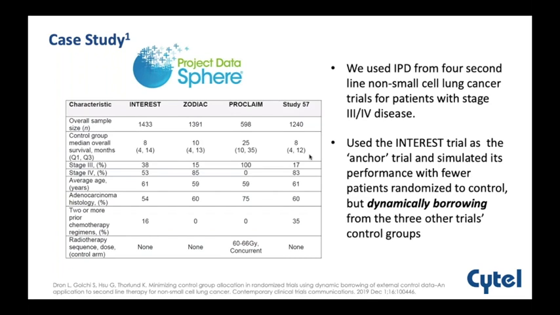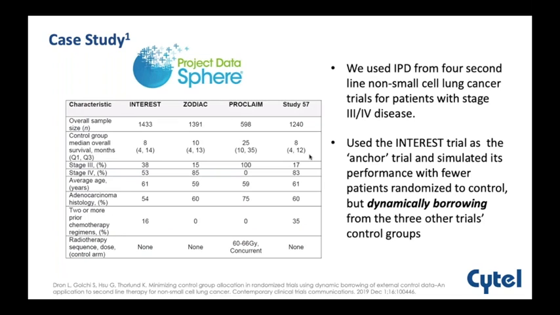And we did a lot of different analyses, but the one I'll be talking about here is taking the INTEREST trial, which is the second column, as the anchor clinical trial, and then trying to pretend as if we were running that trial with a different randomization ratio, so enrolling fewer patients to control, more to treatment, and then using the control data from the other 3 trials to see if we can get the same results, and how much control data was needed to get the same precision, as well as when do we run into trouble in terms of the control data not being sufficiently similar.